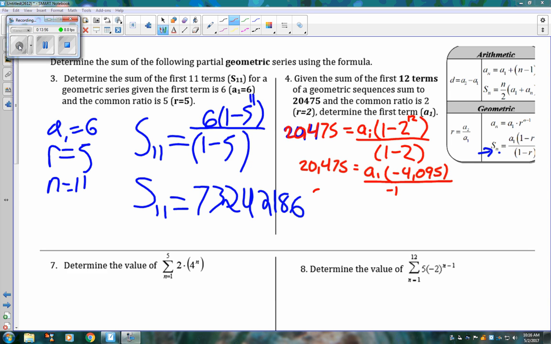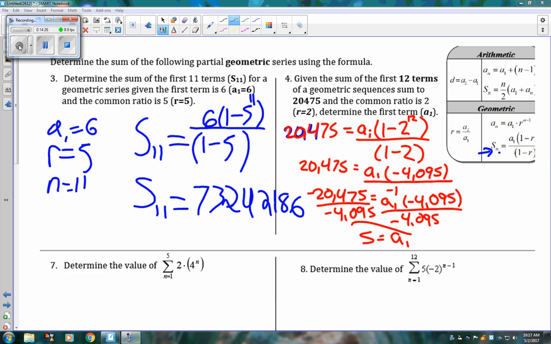So this becomes negative 20,475 is equal to a sub 1 times negative 4,095. Divide. So a sub 1 equals 5.